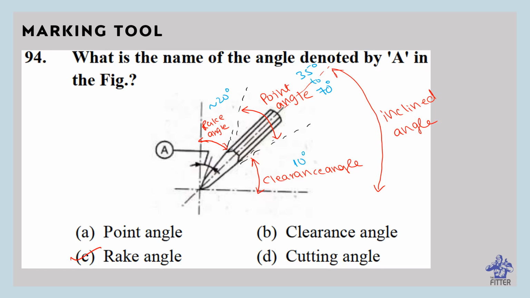Inclined angle is about 40 degrees. It may vary based on the work. This is not the final one. I will tell you the list. In the complete course of the theory class, I will let you know all these details.